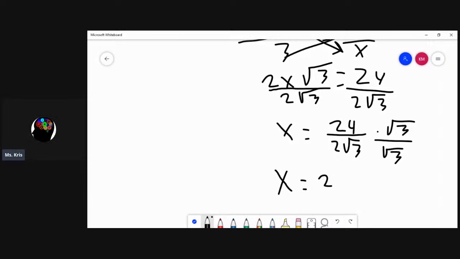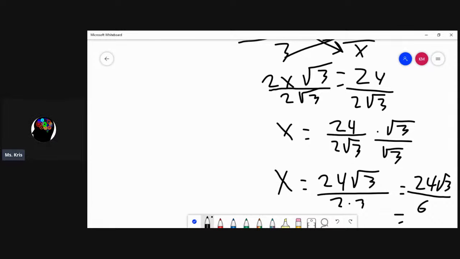X equals 24 square root of 3 over 2 times 3, which of course gives me 24 square root of 3 over 6, which of course brings me back to what? 24 divided by 6 is 4 square roots of 3. Now you see why I did the cosine instead of secant, because it's a lot. But whichever you prefer, that is your prerogative.